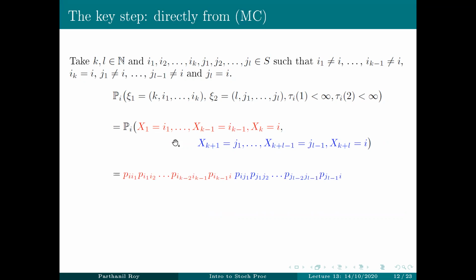Therefore, this huge joint probability would be given by this product here. From i you go to i1, then from i1 you go to i2, and so on. You go to i_{k-1}, then from i_{k-1} you go to i. Then from i you go to j1, then from j1 you go to j2, all the way up to j_{l-1}, and then from j_{l-1} you go to i. You have this huge joint probability.